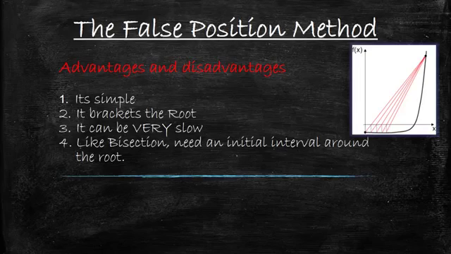The root lies between maximum and minimum values, as you can see in the figure, but it can be very slow. Number 4, like bisection, it needs an initial interval around the root. We must give it an initial guess which is near to the root.